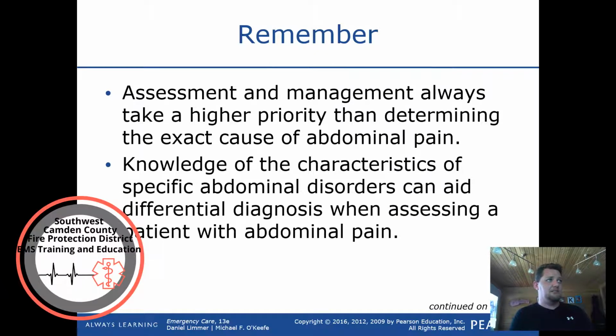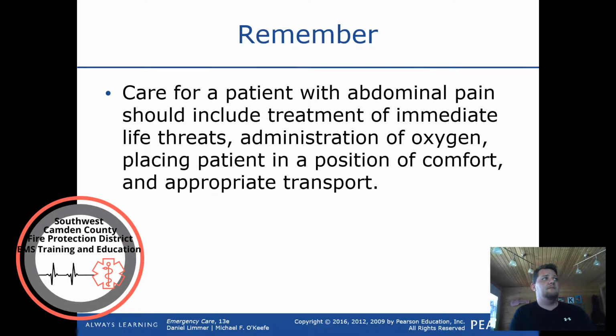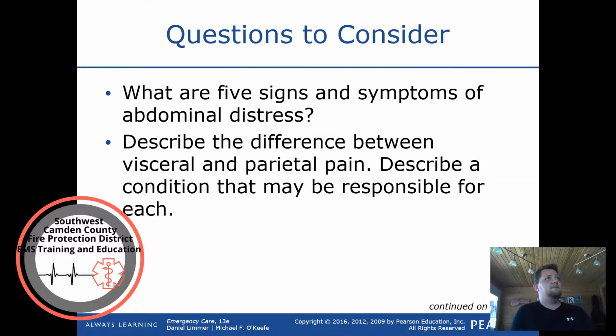Knowledge of the characteristics of specific abdominal disorders can aid differential diagnosis when assessing a patient with abdominal pain. Care for a patient with abdominal pain should include treatment of immediate life threats, administration of oxygen, placing that patient in a position of comfort, and appropriate transport.